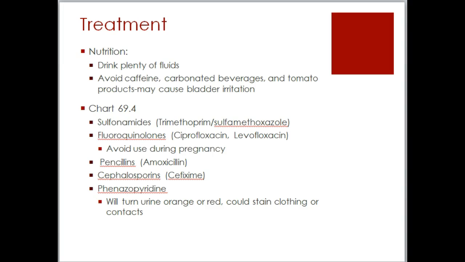One of the comfort measures they can do is a warm sitz bath, things like that. Surgical management is only if they're having issues with obstruction or reflux, and that is where they'll do the cystoscopy or fix any obstructions. Biggest thing with this is teach the client health promotion and what they can do to help minimize the infection.